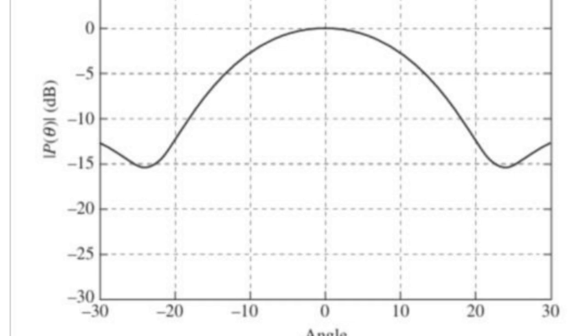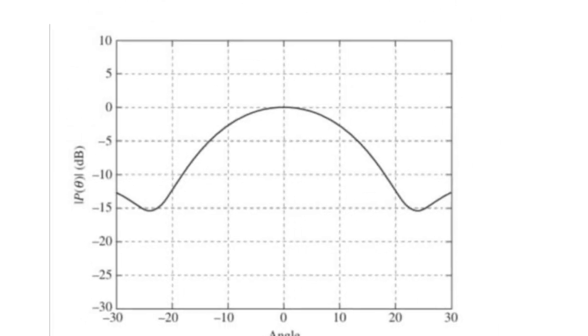Now the next thing is another example of Bartlett estimation.